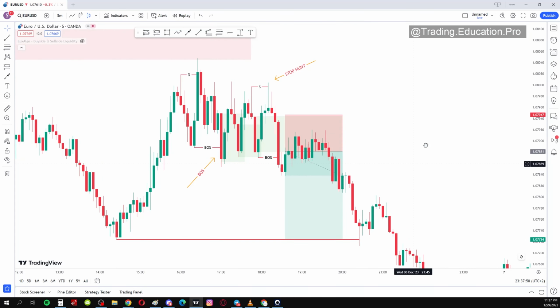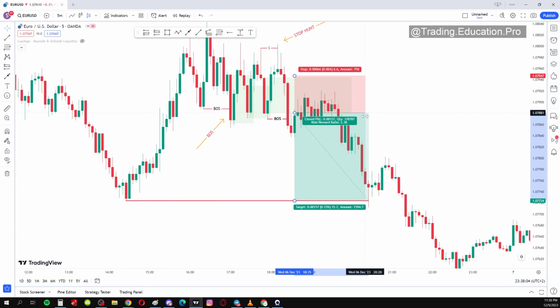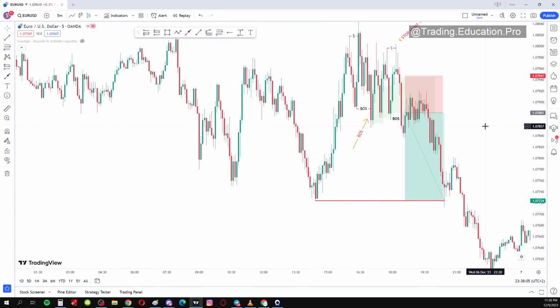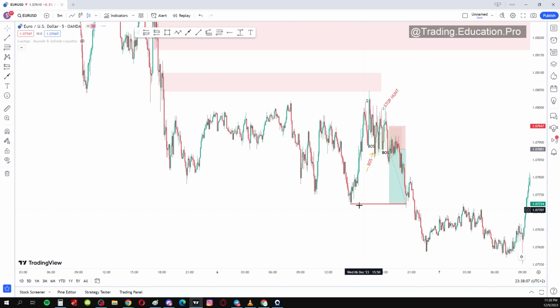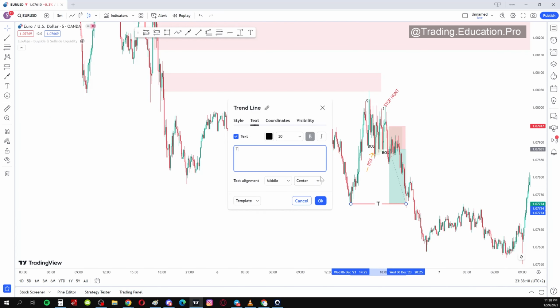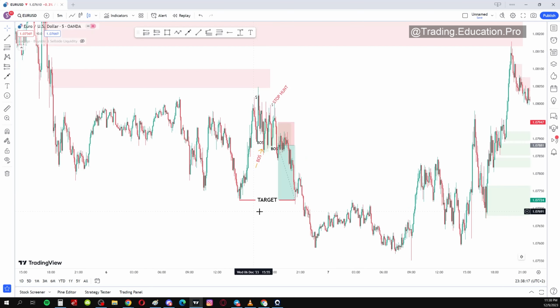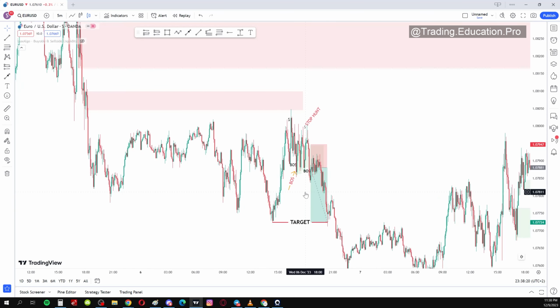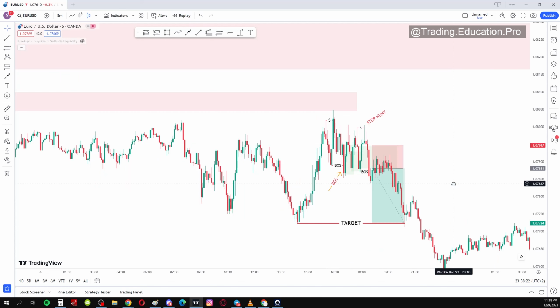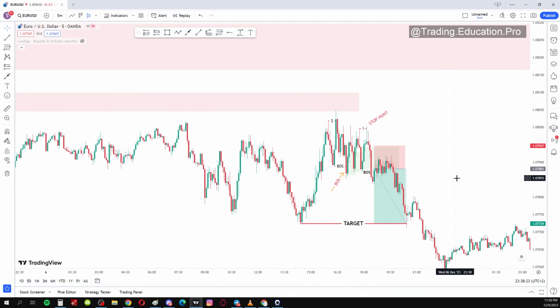This last candle here. And we're always targeting the last liquidity here most of the time.